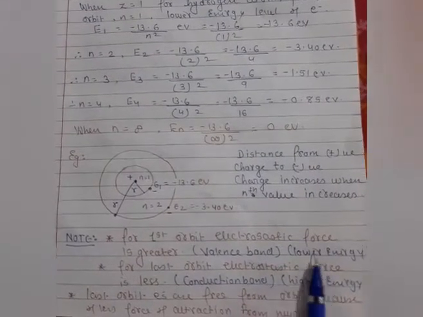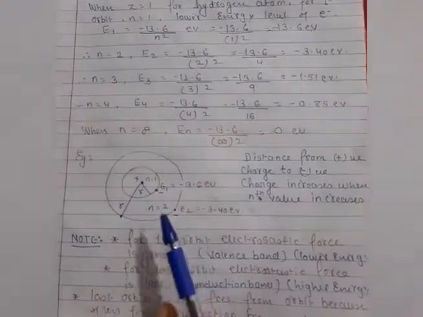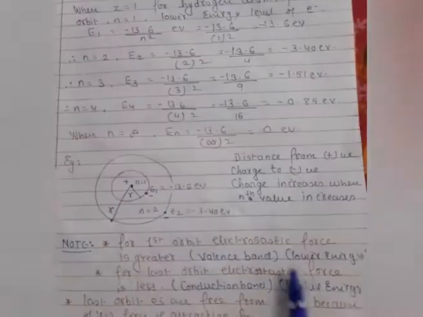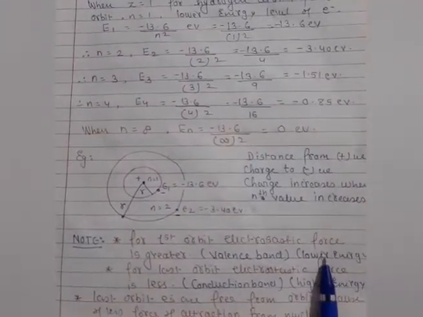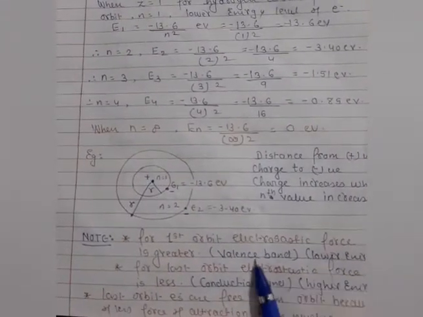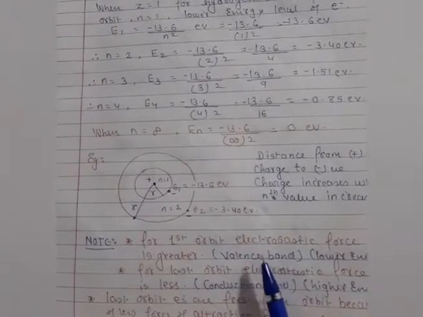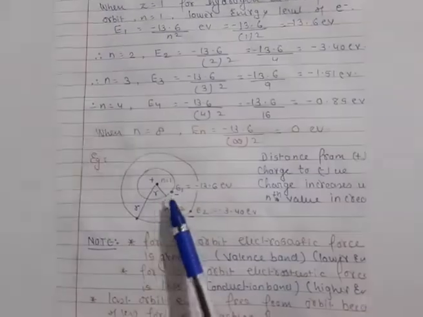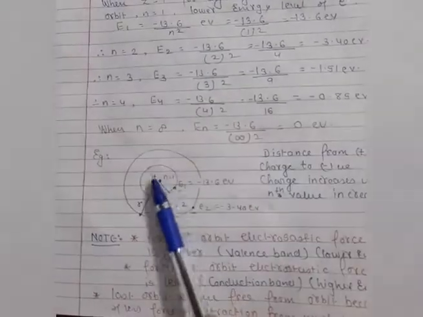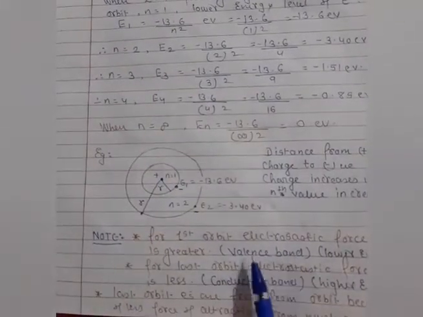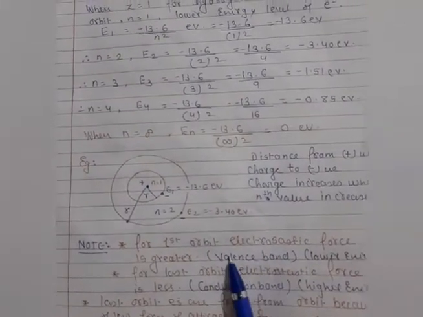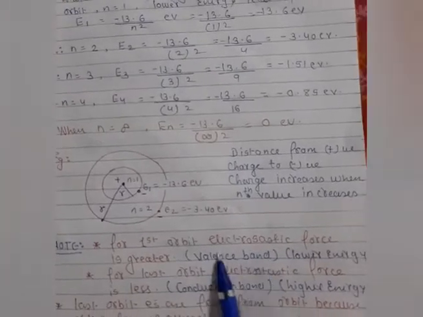When we are talking about the lower energy, meaning the first energy band, we call it the valence band. In this condition, the electron just revolves around the orbit and cannot generate current. I will explain everything, but first you have to understand.